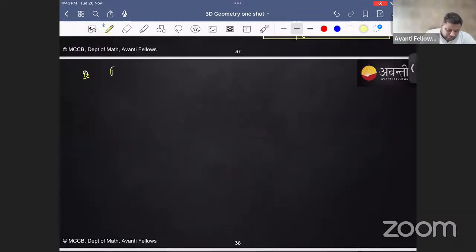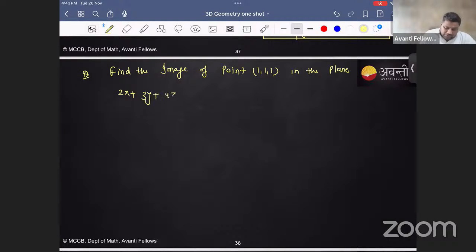Find the image of point (1, 1, 1) in the plane 2x plus 3y plus 4z equals to 0.